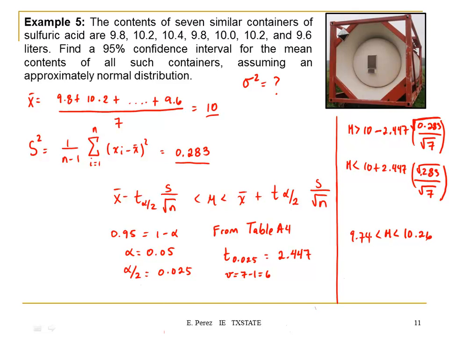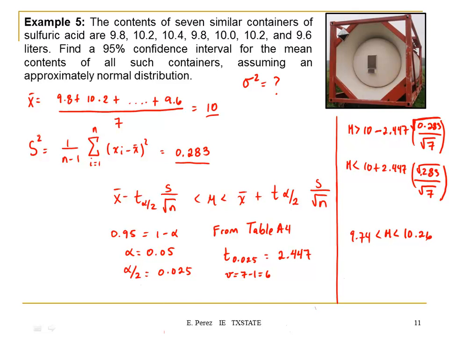Yes, sir. That's a little confusing. Is that s or s squared? Yeah, I'm sorry. Let's see.